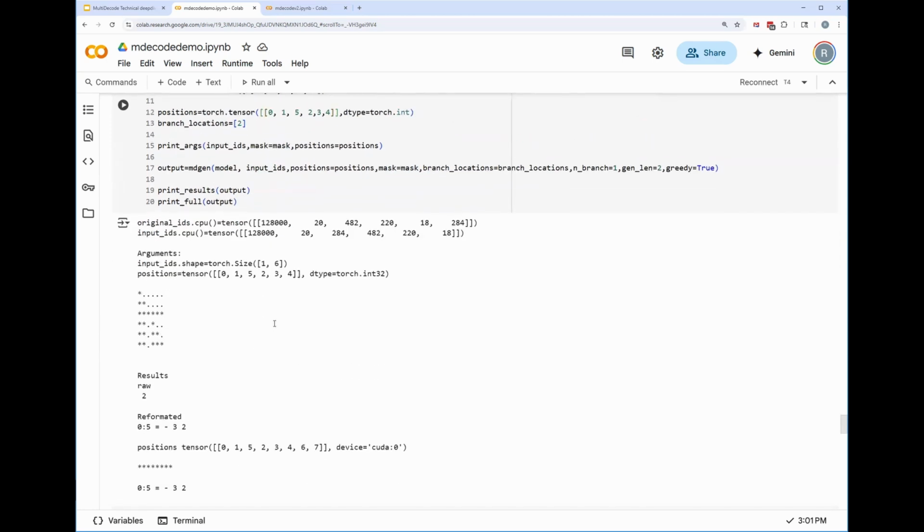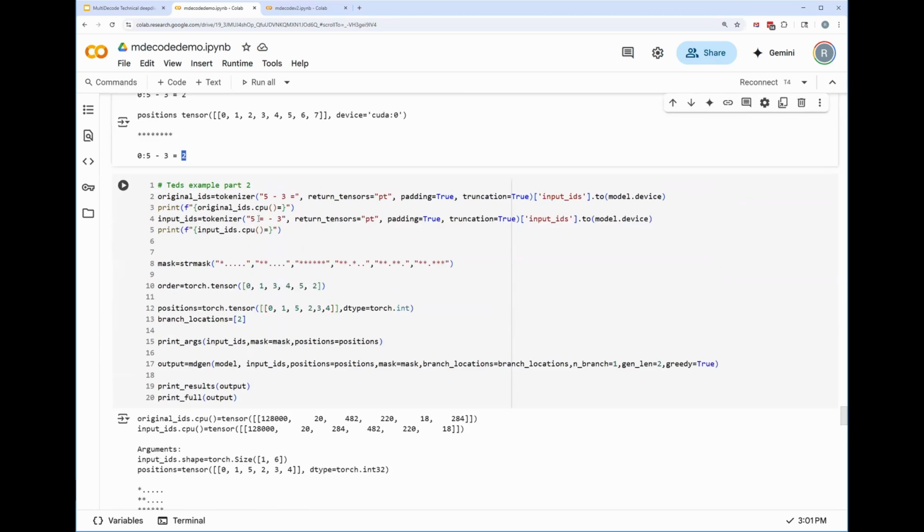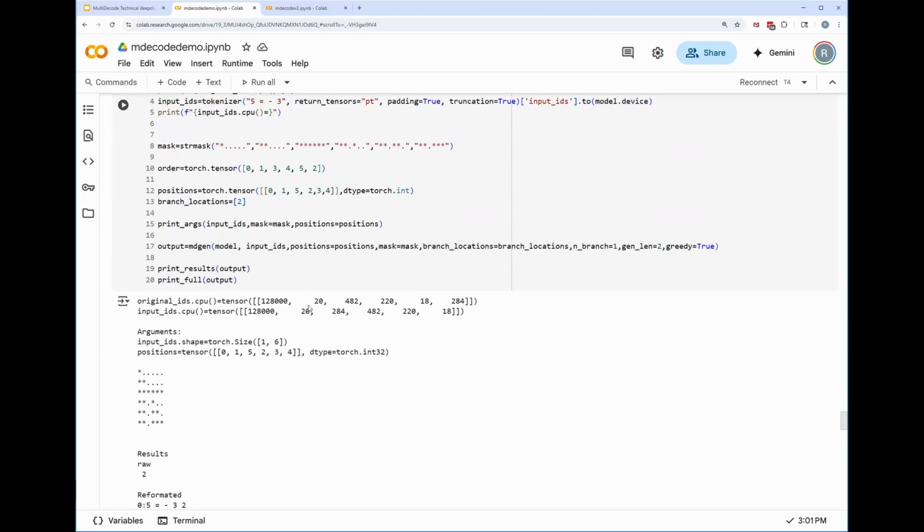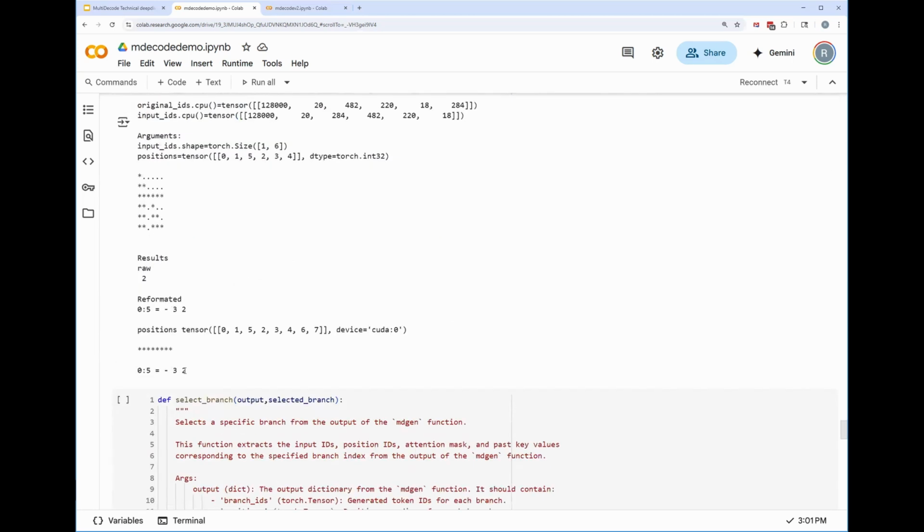So the actual question that we got is 5 equals minus 3. And the answer, as you might guess, is 2, because the mask is not your lower triangle. It's warped in a way that allows everybody to see the tokens they would have seen before warping. And the positions are not sequential. They're also permuted.